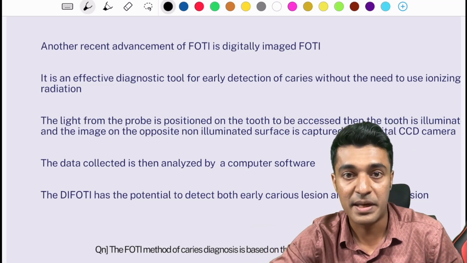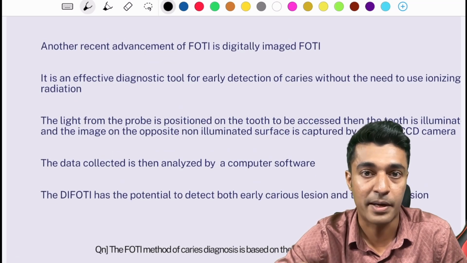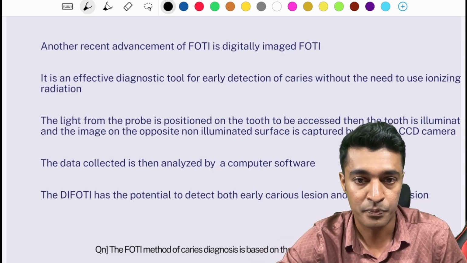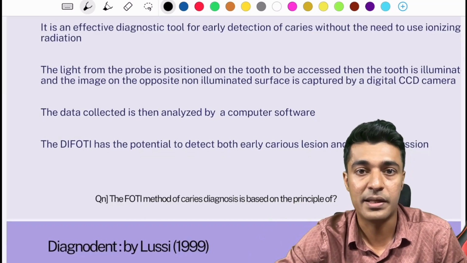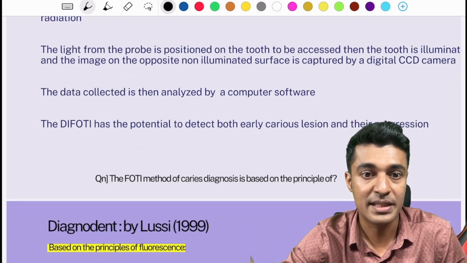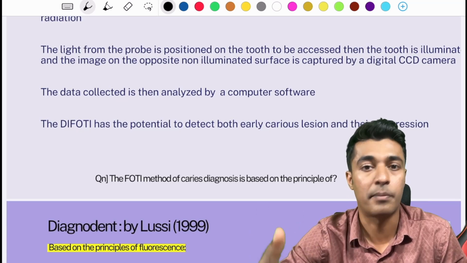And this is measured using a charge coupled device camera, which is connected to the computer, which puts up a value. That is the principle of digital image fiber optic transillumination. So the digital image fiber optic transillumination has the potential to detect early caries lesions and assess their progression.